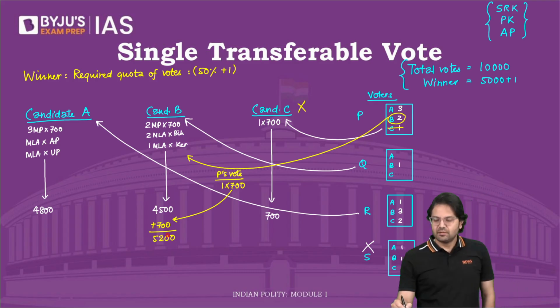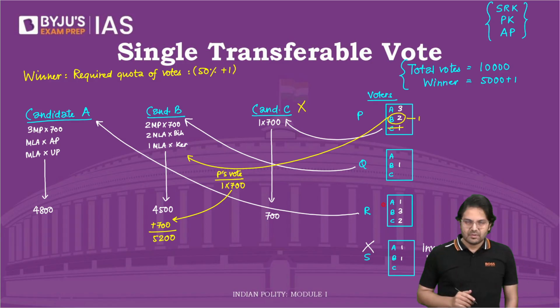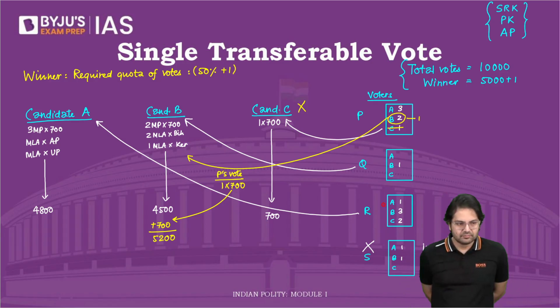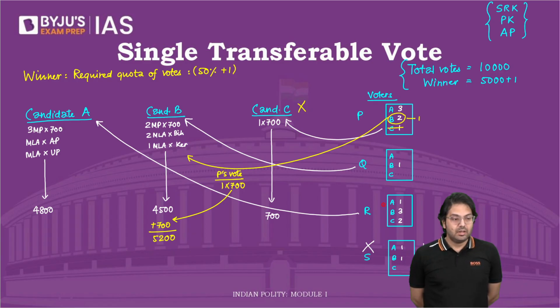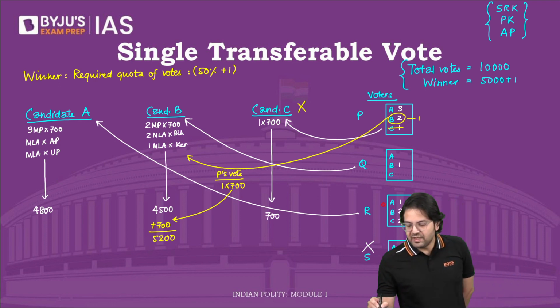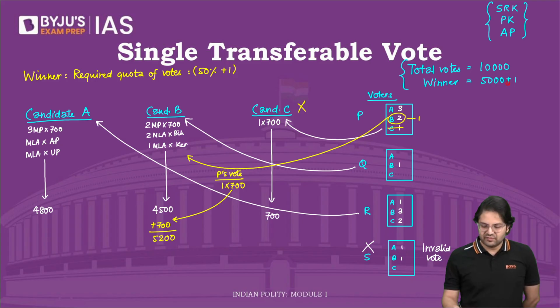The second choice of P becomes now his first choice. Clear? Now tell me, is there anybody who can be declared a winner? Tell me please. Of course, because the winner needed 50% plus 1. 5001 votes.